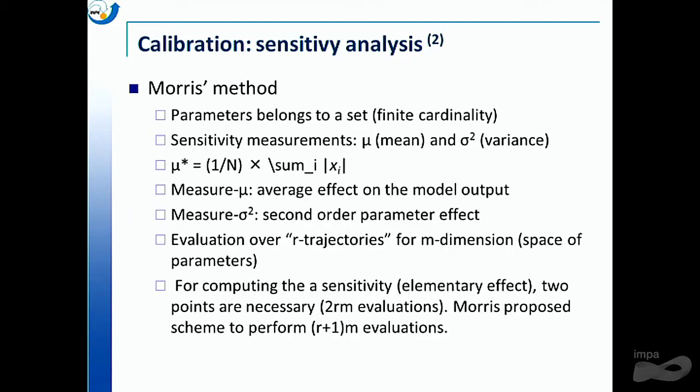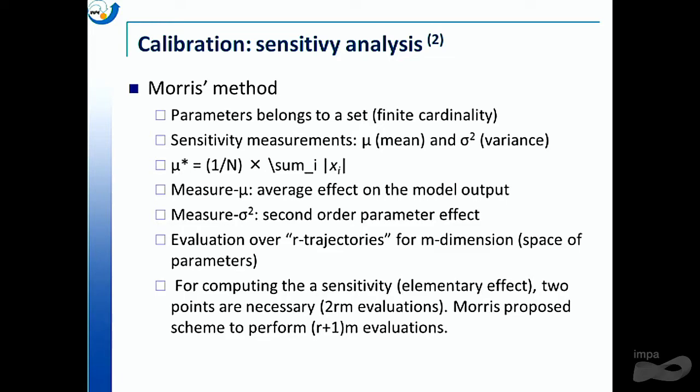Well, and so the Morris method, the first assumption is that parameters belong to a set with a finite cardinality, and the sensitivity measurements are going to be an average or mean and variance. And instead of using the standard average, we are going to consider this mu star representing the absolute value for this variable here, x.